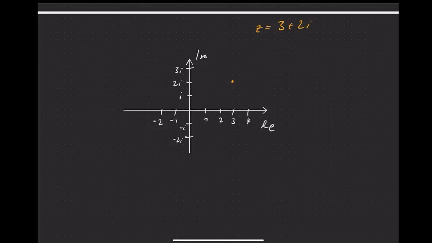So this here is the point that corresponds to Z in the complex plane. Or you could also use the vector that points to this point here. So that's a visualization of that complex number.